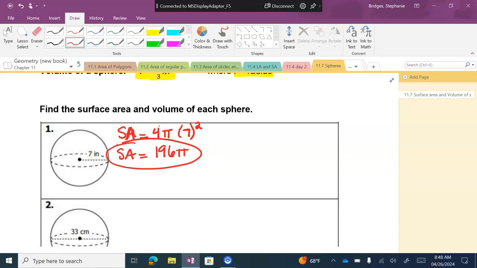All right, then the volume. That formula is 4/3 pi r to the third power. So this is what we're going to do. 4/3 times pi times our radius cubed. So here's how you raise something to the third power in your calculator.